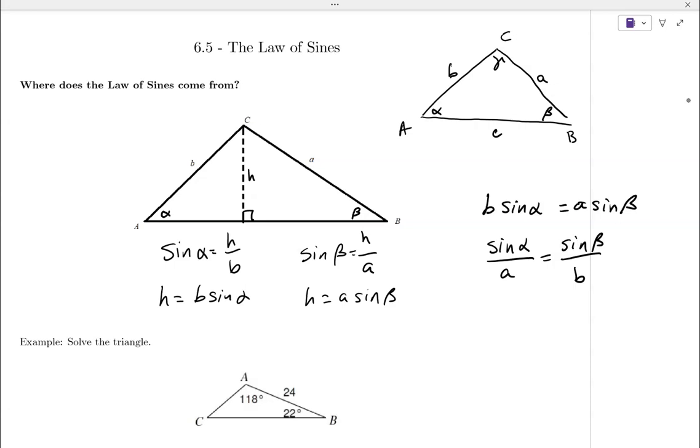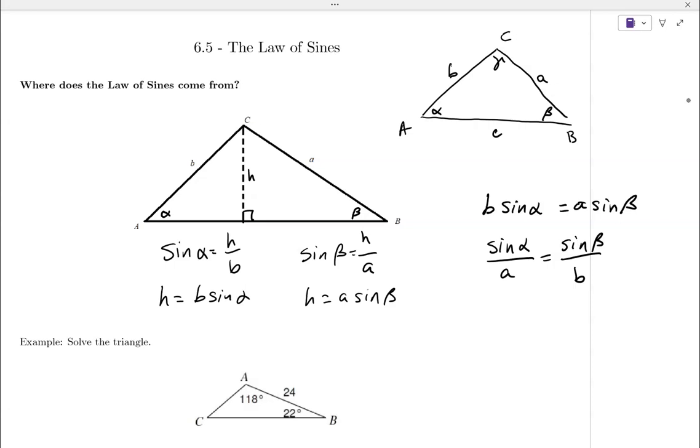Now, of course, we still have a third angle and a third side, right? But I labeled the picture A, B, C to start with, didn't I? If I relabel the letters, does it matter? No. I could have called this C and this gamma, and I would have had the exact same thing, wouldn't I?